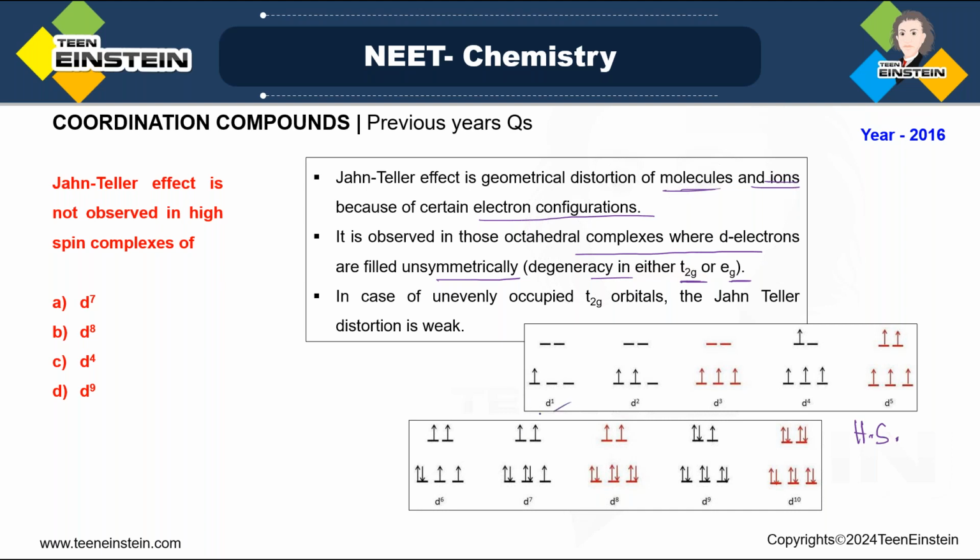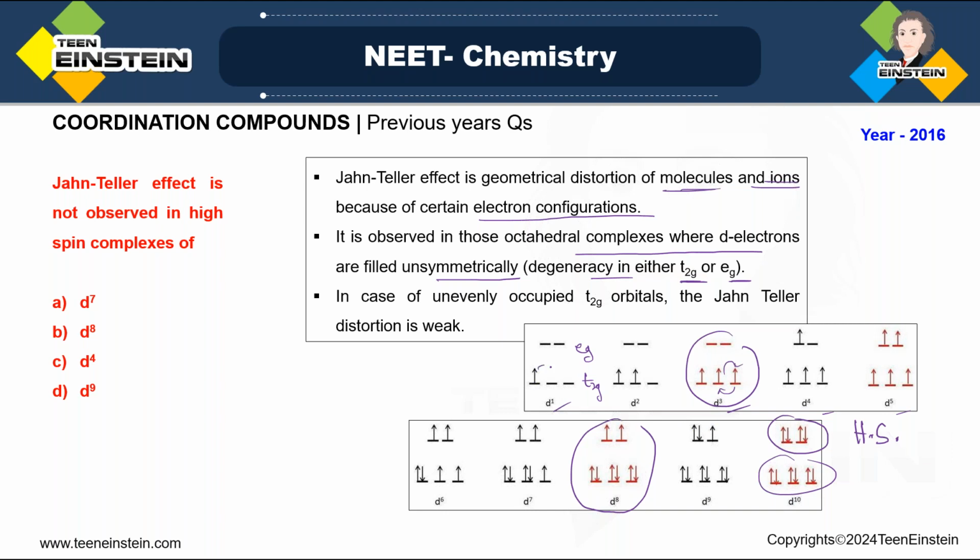So d1 in t2g and eg, d2, then d3, d4, d5. Now you can see two different colors. If you focus on the red ones, you will see here degeneracy is not possible, because even if you change the position of electrons, suppose you are exchanging these two electrons, you will not have a new configuration. But look at the black ones.